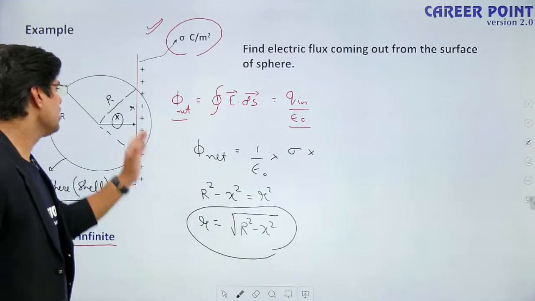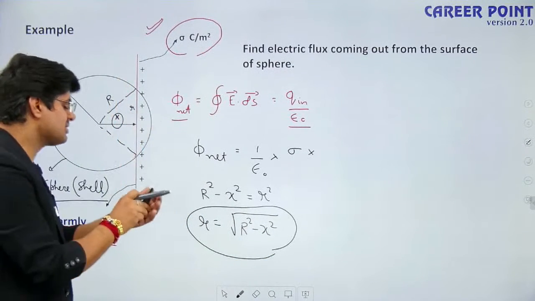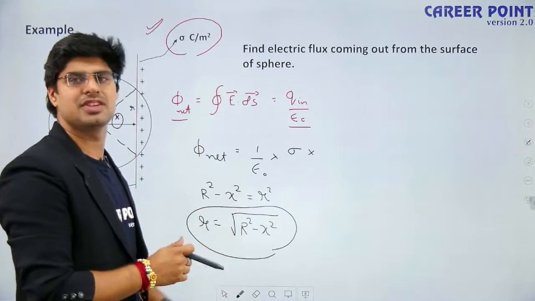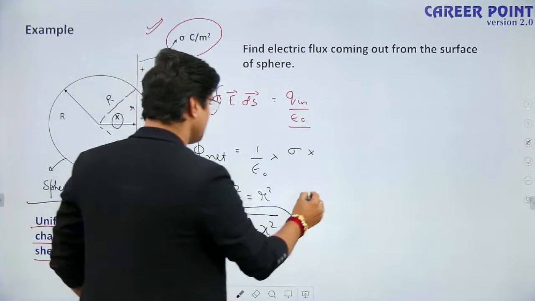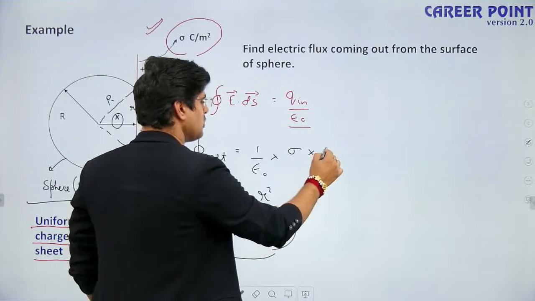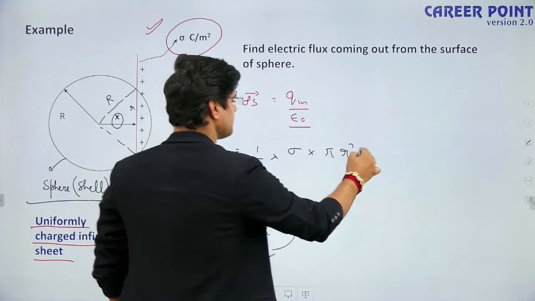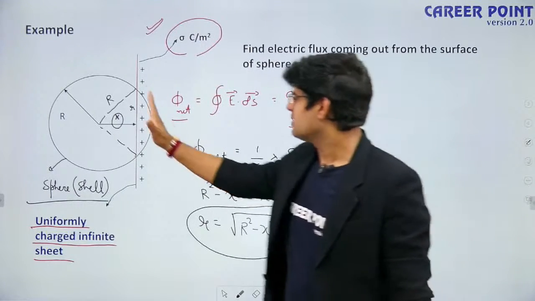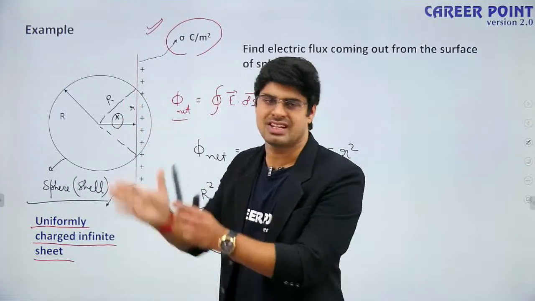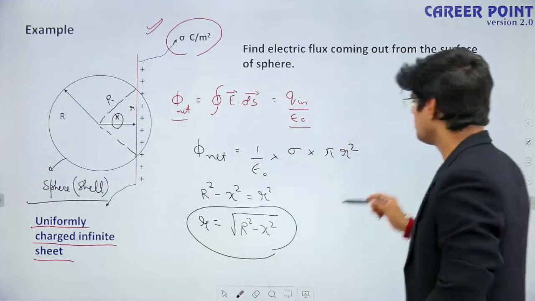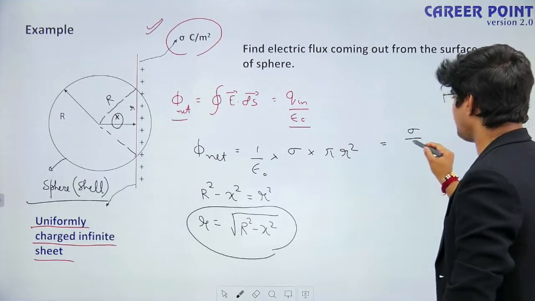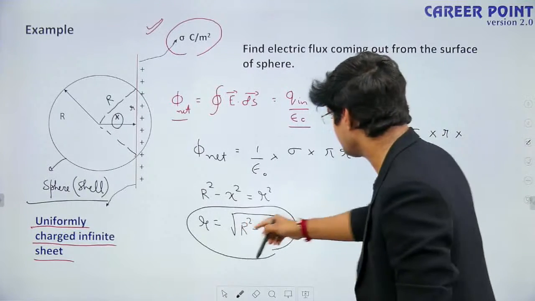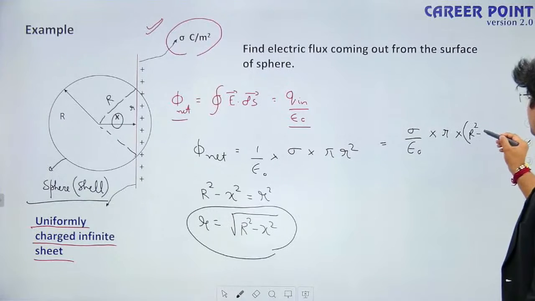So now if you ask me what will be the area stuck inside the sphere, I can convey that the charge will be sigma into pi into r square, sigma into pi r square, the surface area of the circular part which is stuck inside. No problem. So from here we can say sigma by epsilon naught into pi into what is r square? Capital R square minus x square.